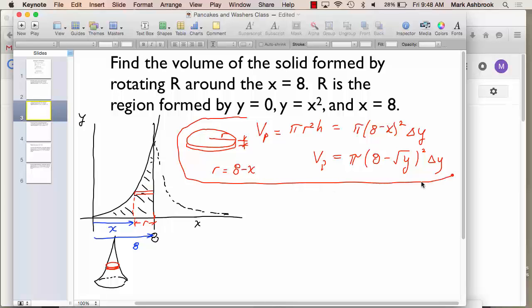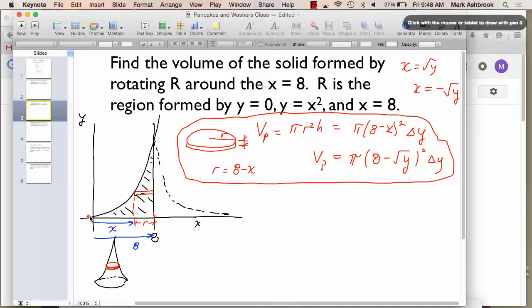Got our setup. How come you don't do plus or minus square root of y? Because yes, x is the square root of y, but what about x equals the negative square root of y? What's the graph of that? It's this over here.